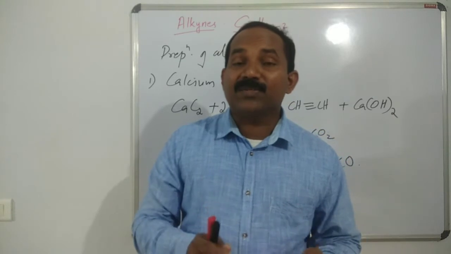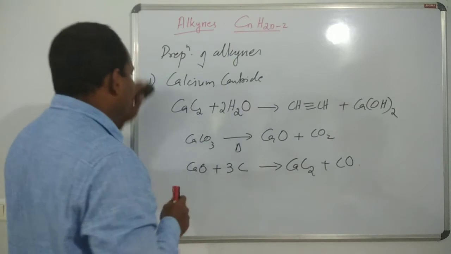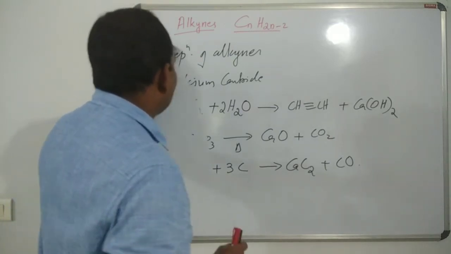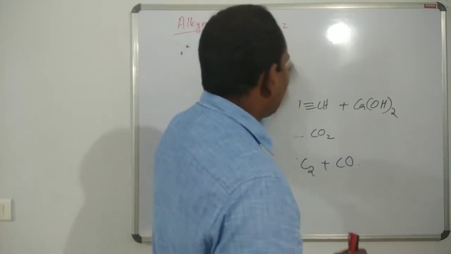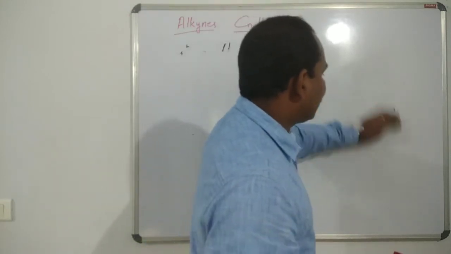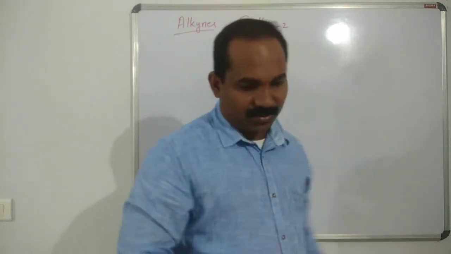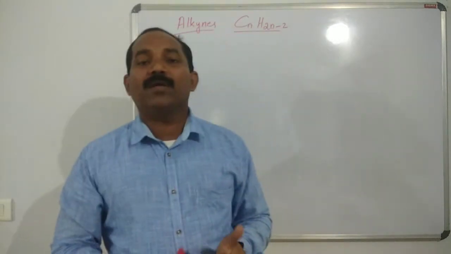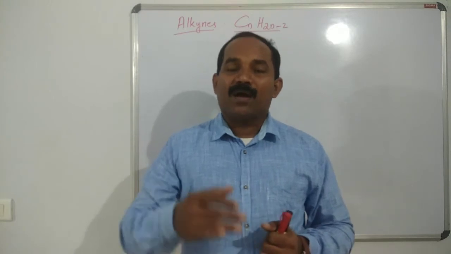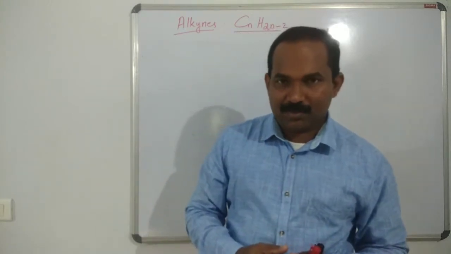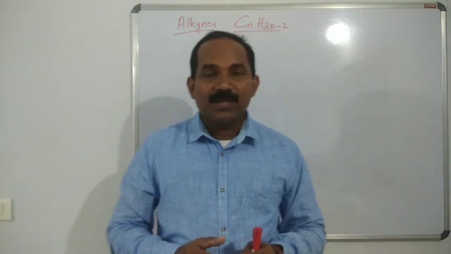The halogen atoms are on adjacent carbon atoms, which is called vicinal dihalide. Vicinal dihalide is heated with alcoholic potassium hydroxide, we get haloalkene.